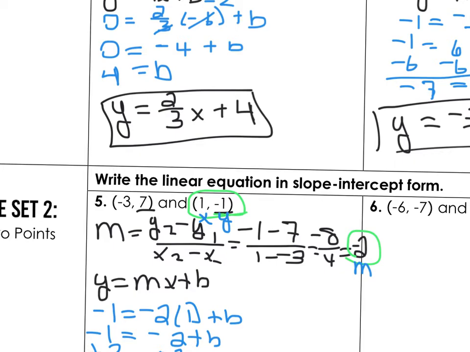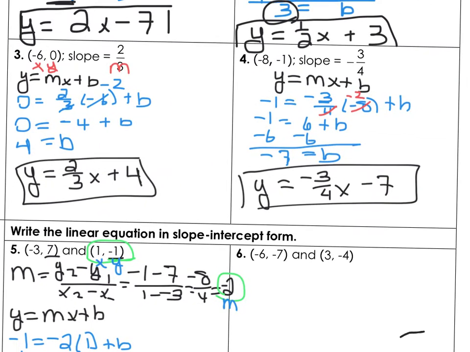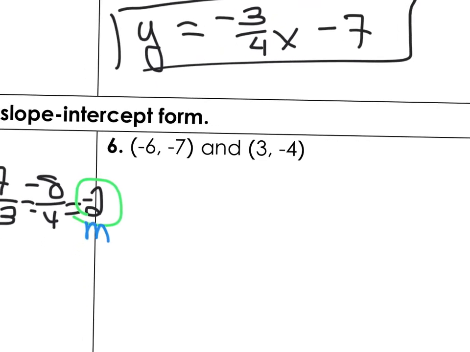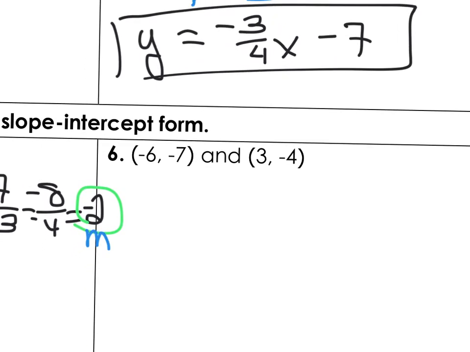Okay, so let's go to this next one. Oops, let me erase that. And first thing we're going to do is we're going to get our slope. So our slope is going to be y2 minus y1 over x2 minus x1.